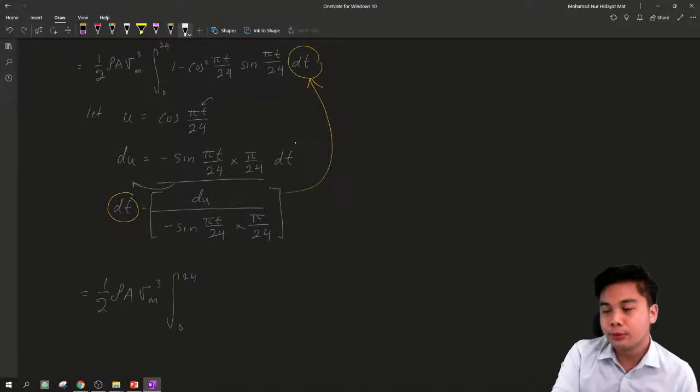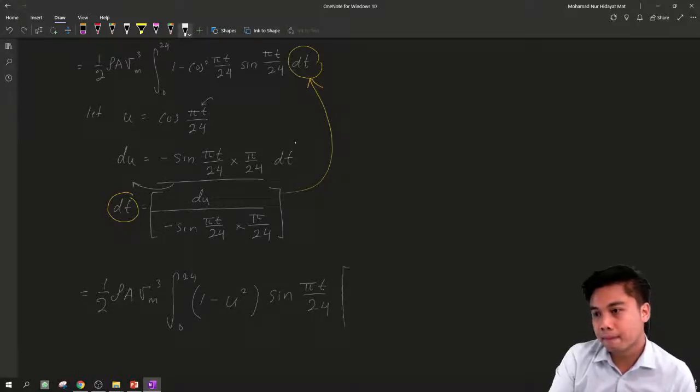Then cos we can replace with u, because we previously let u equal cos. Thus 1 minus u squared, and then sine pi t over 24. And dt we replace with u over negative sine pi t over 24 multiplied by pi over 24.